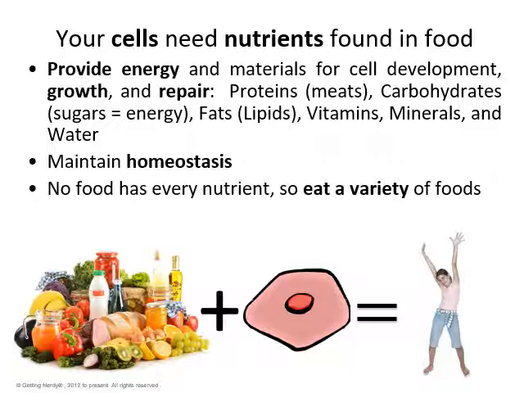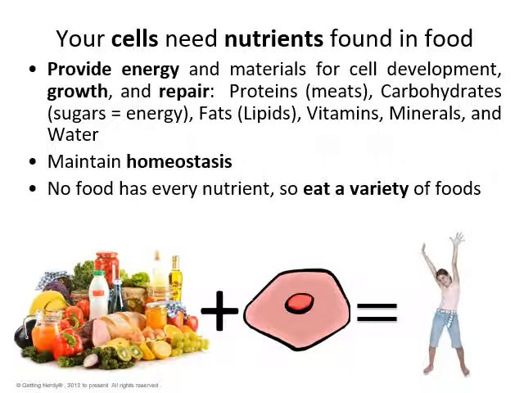Protein is our first nutrient, which includes all meats such as beef, chicken, pork, and even beans. Carbohydrates, things like pasta and bread, turn into sugar in the body, and that sugar gives us energy. Fats, also known as lipids, like oil and butter, also provide our body with energy.